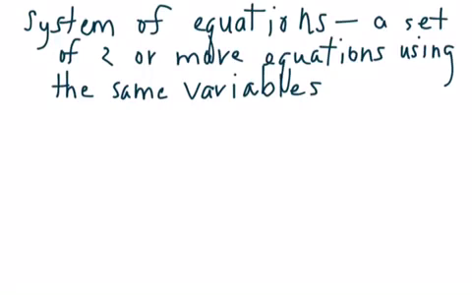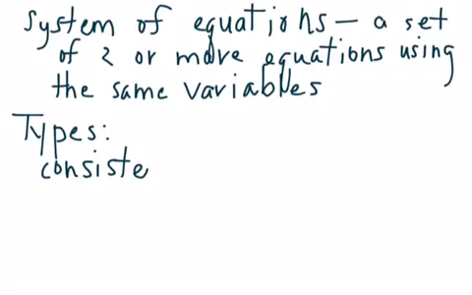There are three types of systems. The first type of system is called consistent and independent.